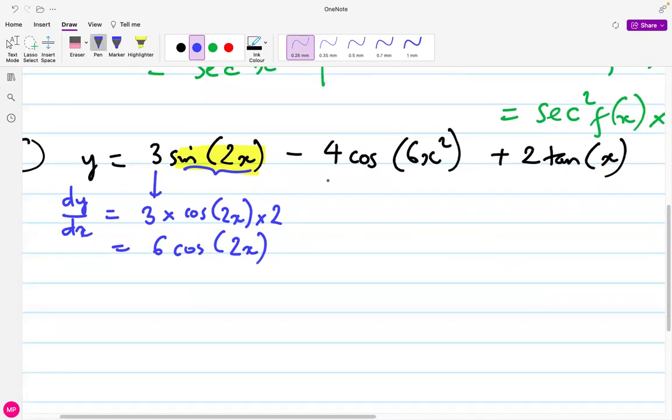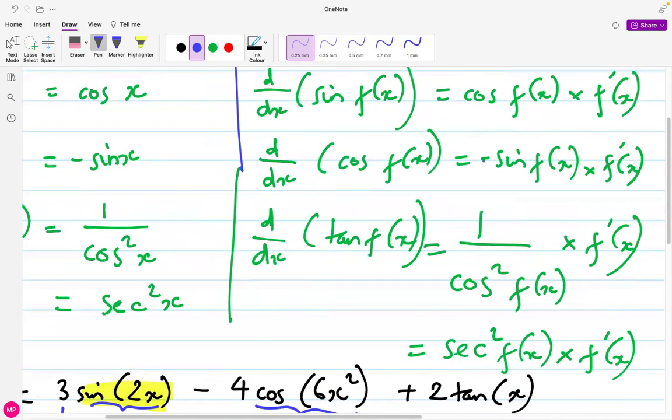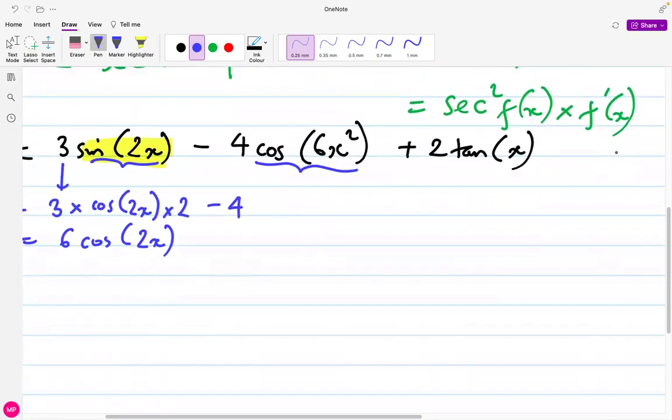Now the first term is done. Now we do the second term, which is negative 4 cos of 6x squared. Negative 4 is a coefficient, keep that. The derivative of cos becomes negative sin of the function times the derivative of that function.